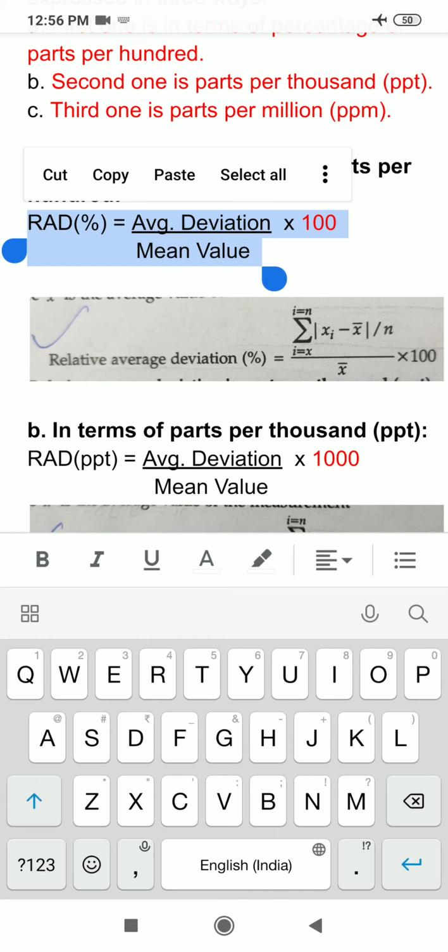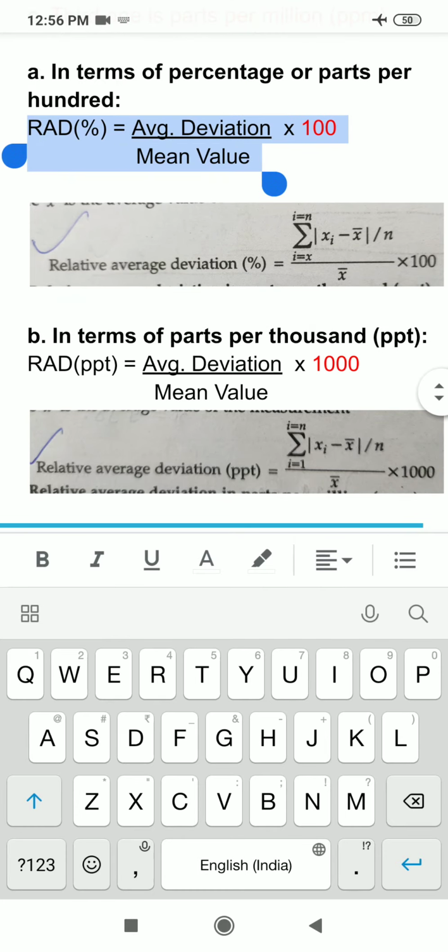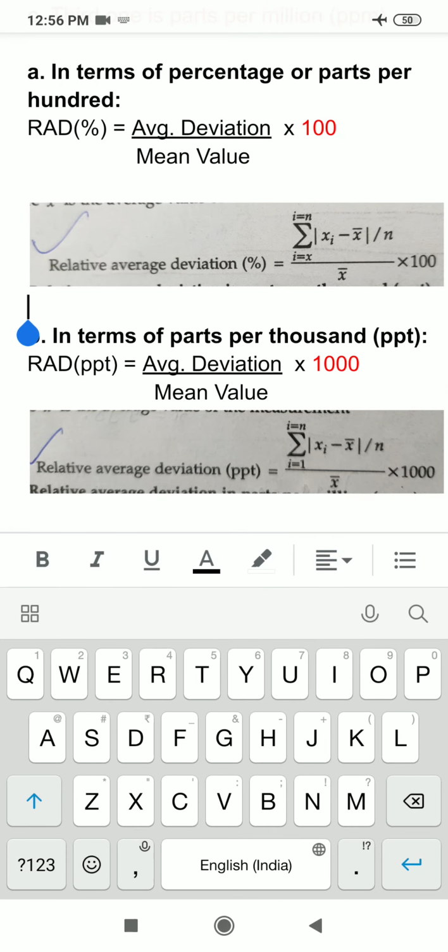Now writing it in terms of xi and x bar, you can see on the screenshot, relative average deviation in percentage is equal to summation of xi minus x bar. This is deviation, and if I divide it by n, it becomes summation of xi minus x bar, i equal to 1 to n, divided by n.